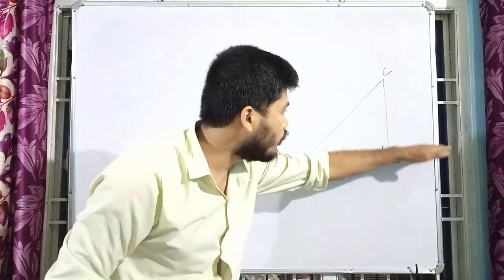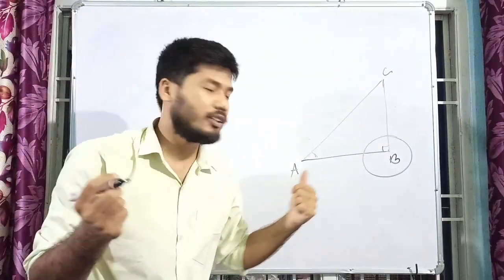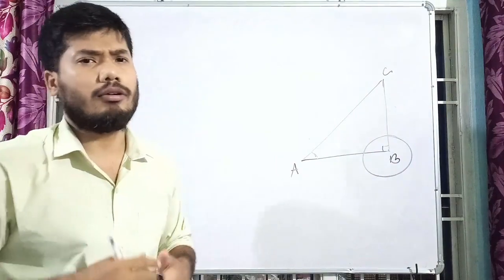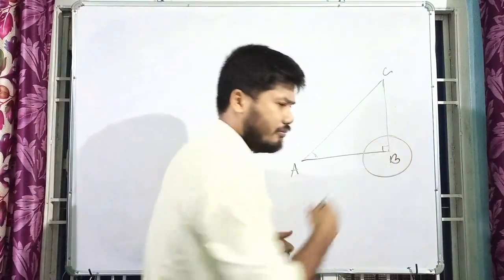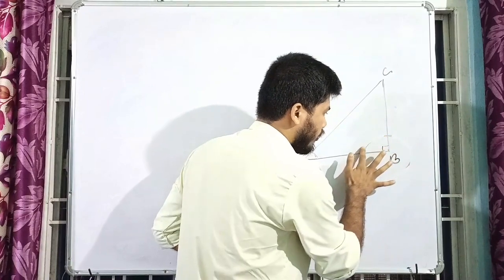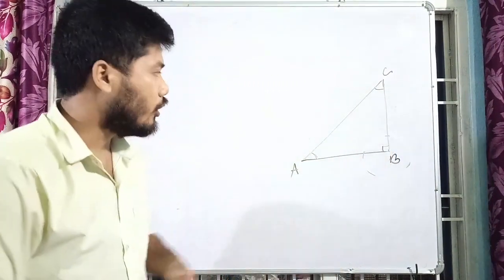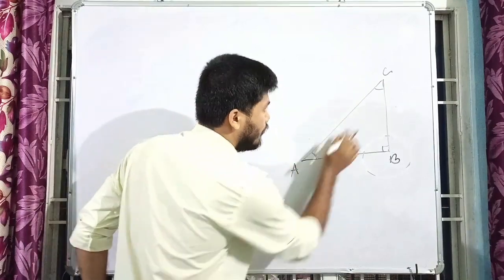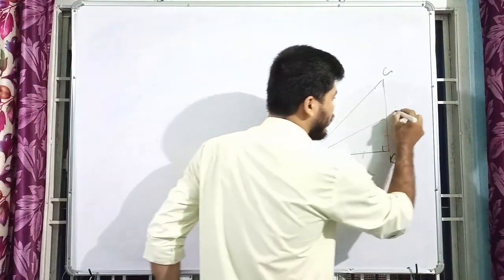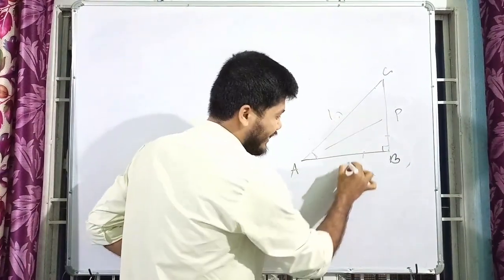We are not going to do anything about the right angle, it is 90 degrees. We will take one angle, and for this angle, this is your perpendicular, and this is your base, sorry, this is your hypotenuse, and this is your base.